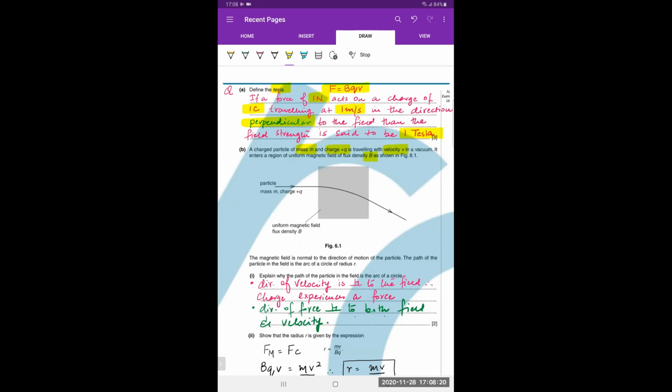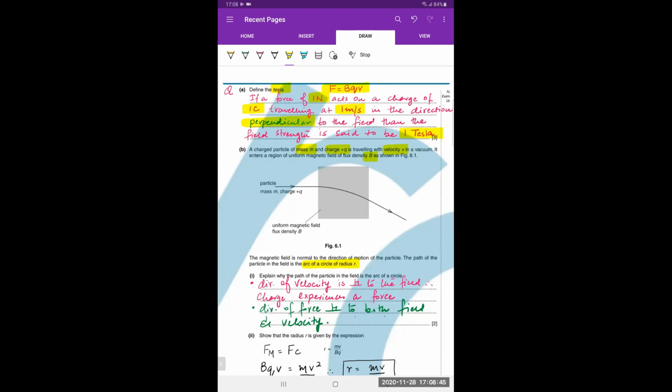The magnetic field is perpendicular to the direction of motion of the particle, and the path of the particle in the field is an arc of a circle whose radius is r. The particle performs circular motion where the arc of the circle is of radius r.